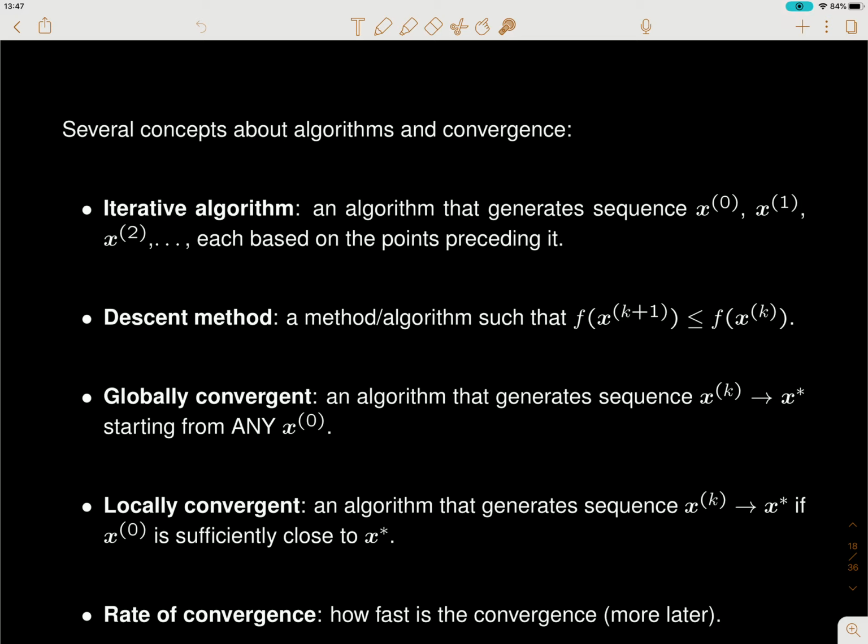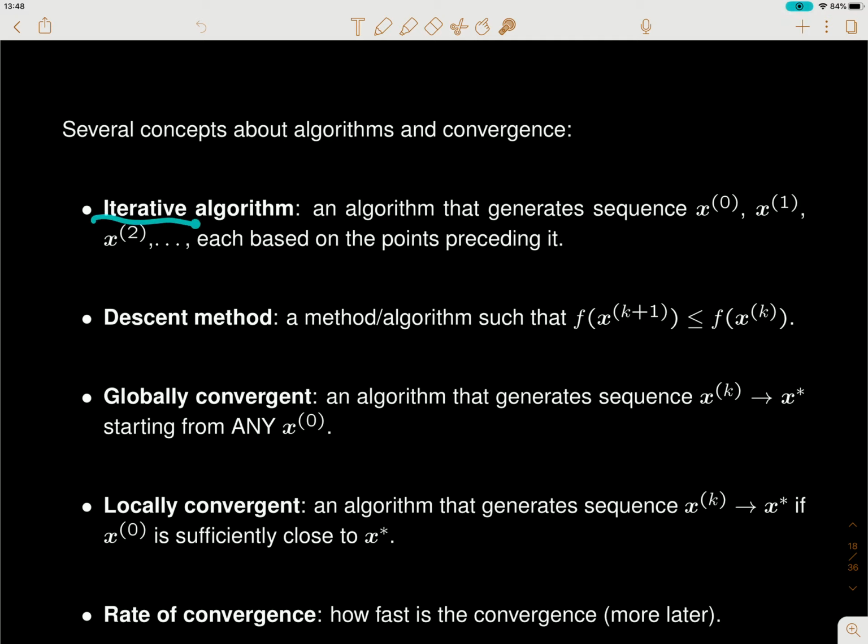Usually x0 is the initial guess that is set by the user, and then the algorithm will generate x1 based on x0, and then it will generate x2 based on x1, or possibly also based on x1 and x0 together, and so on and so forth. So in this case, you can see that we're obtaining a sequence, and in each iteration we get one iterate, one term in this sequence.